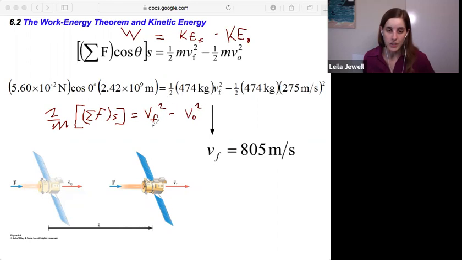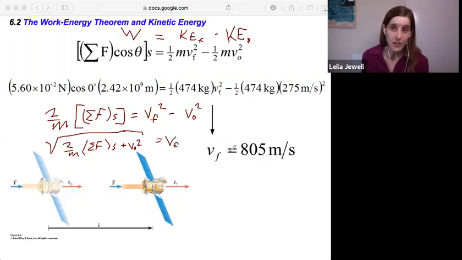So then you add the initial velocity squared to the other side and take the square root. 2 over m times the net force times the displacement plus the initial speed squared, all under a square root, is equal to the final speed.